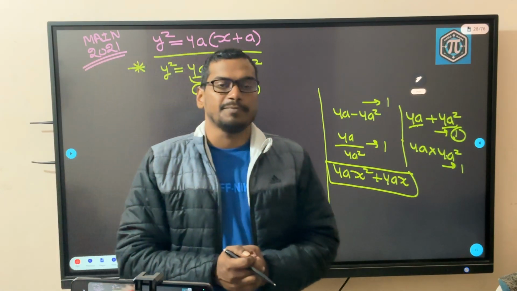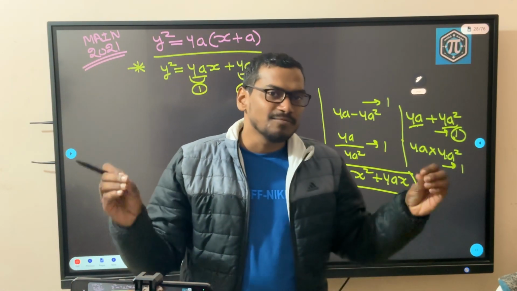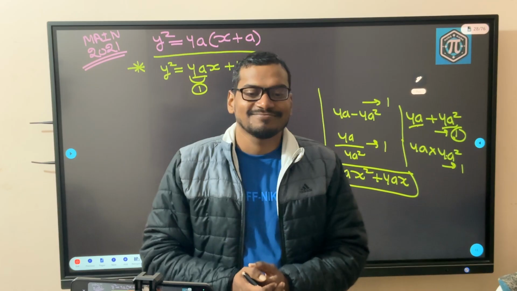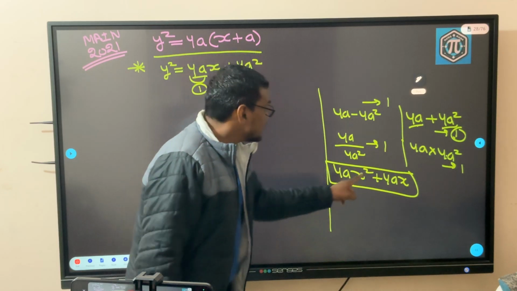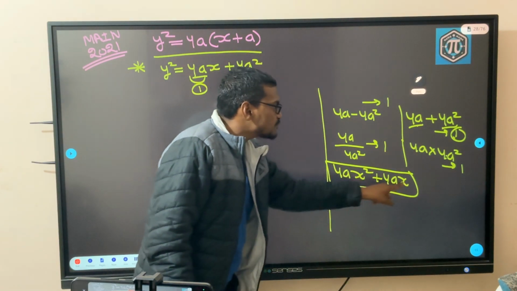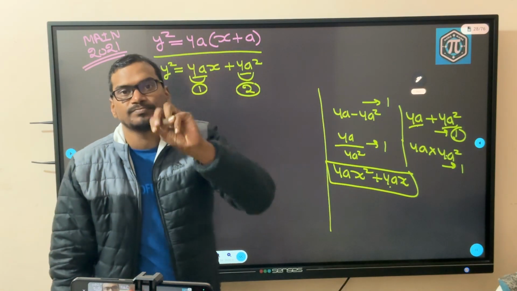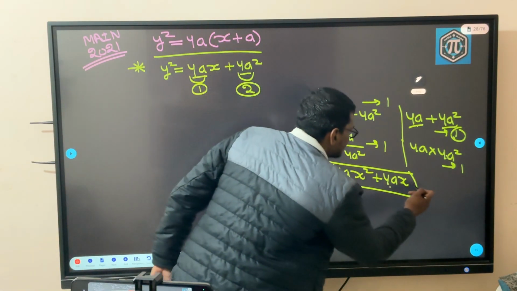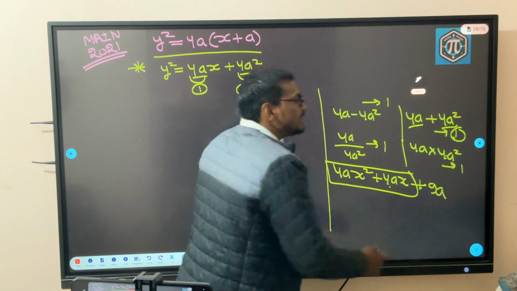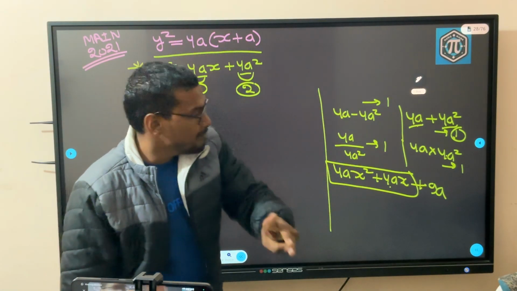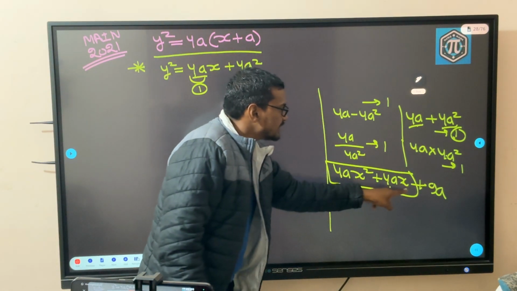We are logical people. Maths is the most logical subject, right? See here, x square coefficient, so I will count 2. And if I say plus 9a, then I will count 3, because this is not constant.